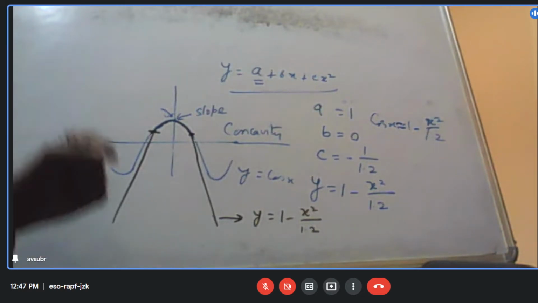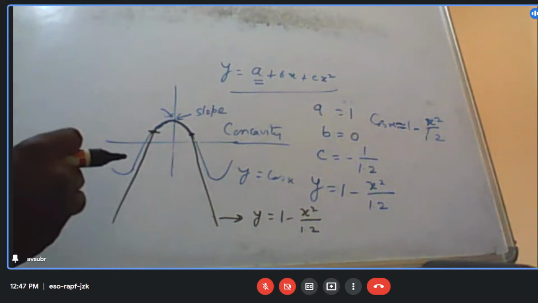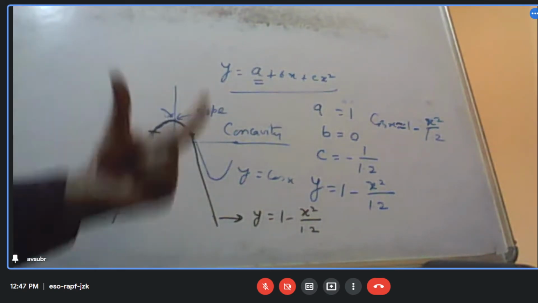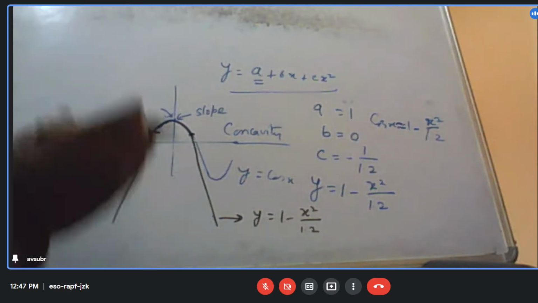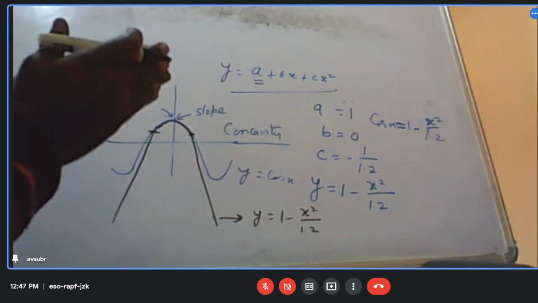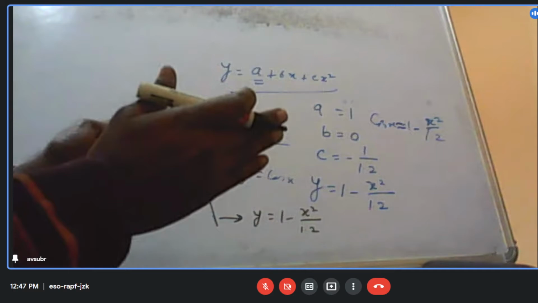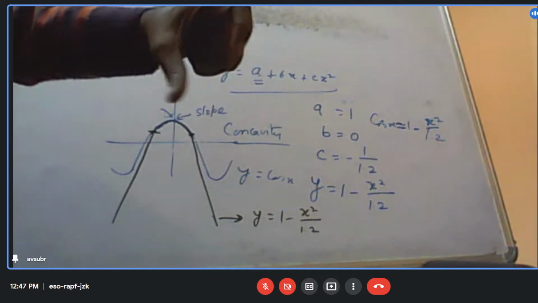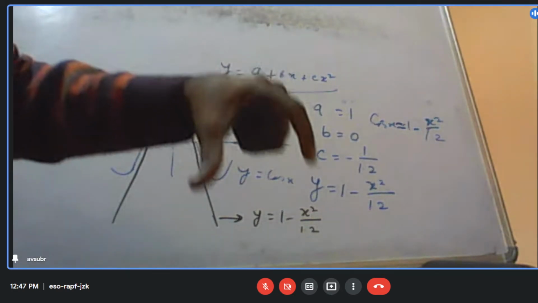So it means that now I have been able to trace out this cos x curve fairly well for slightly more values of x. Or I can trace out this curve to a slightly larger distance.